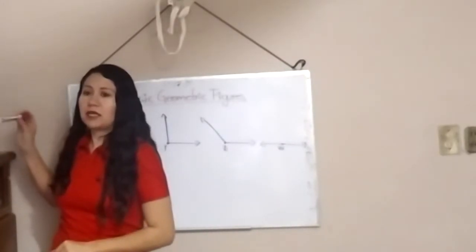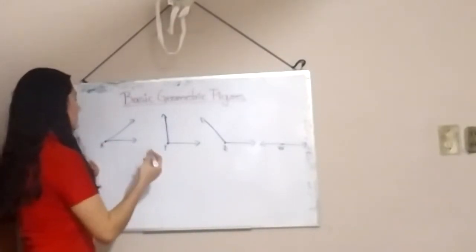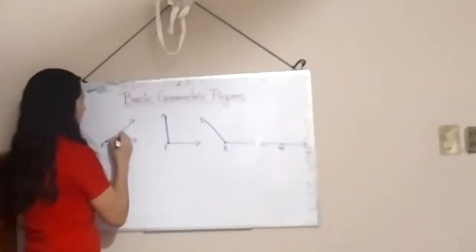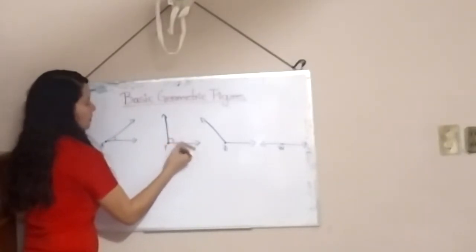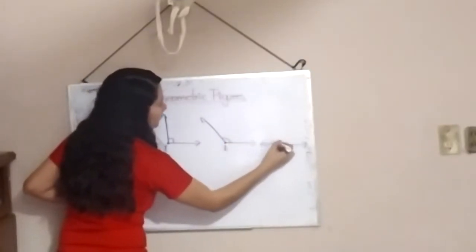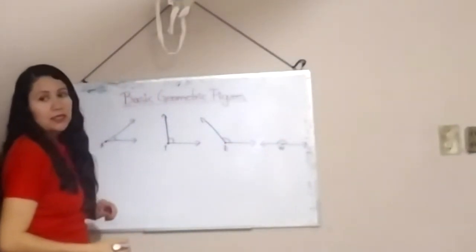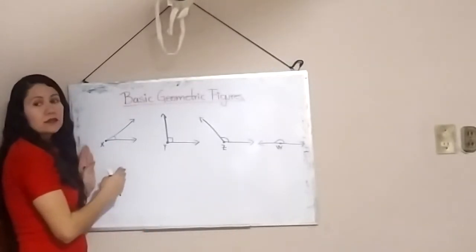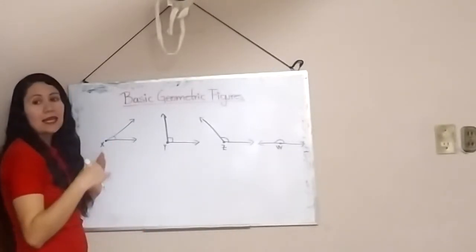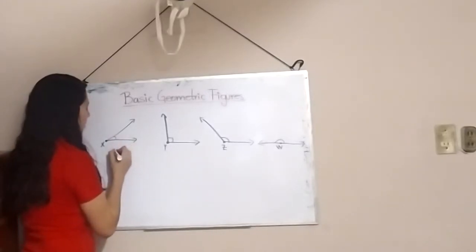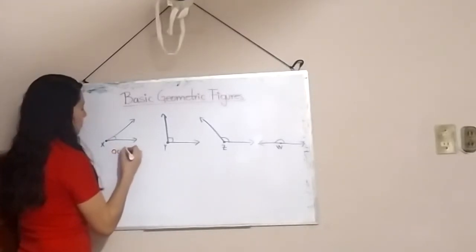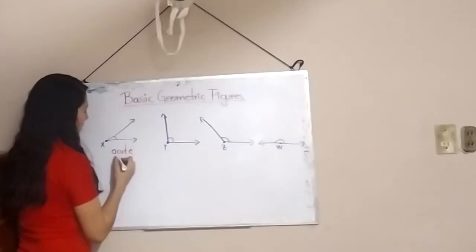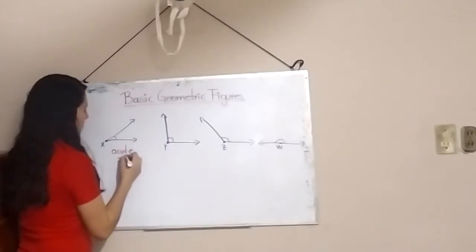Now, angles can be classified by their measurement. They can be classified in 4 different types. We have angles that measure less than 90 degrees, and they are called acute. They are smaller than 90 degrees.